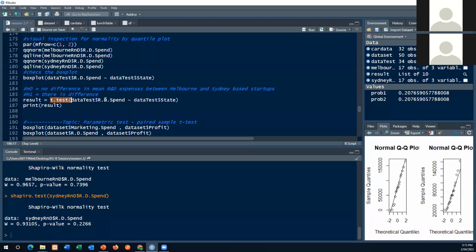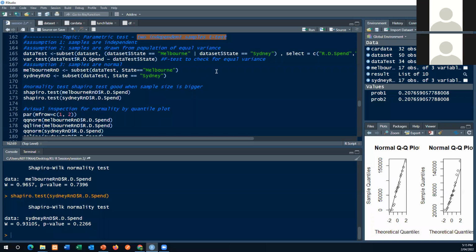In this case it is a two independent sample t-test, not a paired one. The independent samples come from both Melbourne and Sydney, which is the state, and the data is the spend. If we run this, it will give you this result.